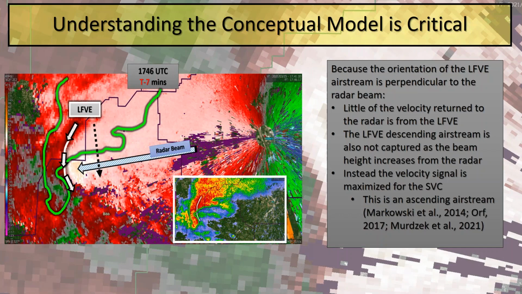In addition, that LFVE is descending, which of course you also can't tell from the 88D by itself. And since we're looking at the lowest scan available, you're not going to see that. Instead, we have to remember that all the information we get from the 88D is a snapshot in time. So you really have to understand that conceptual model and note that the SVC is an ascending airstream, whereas the LFVE should be a descending airstream.